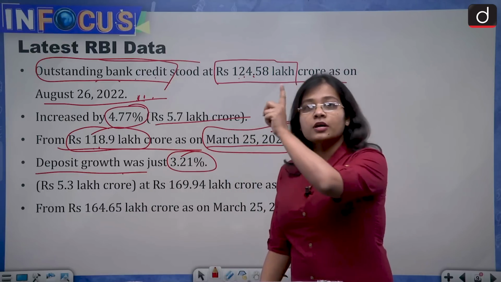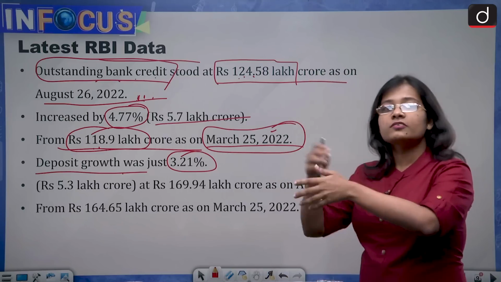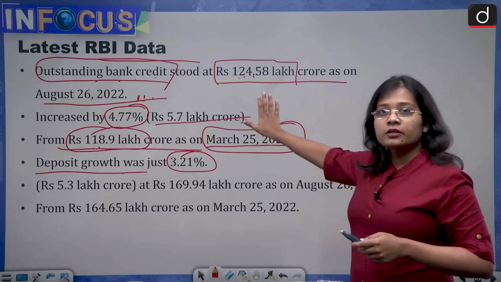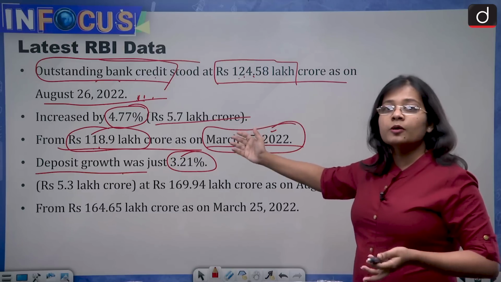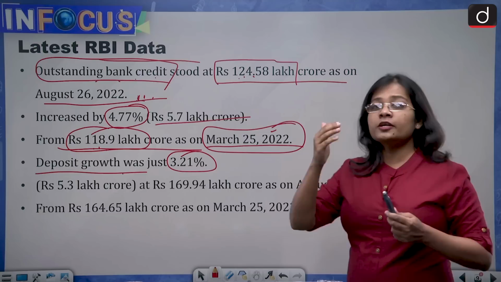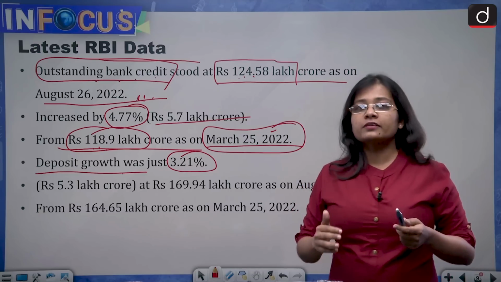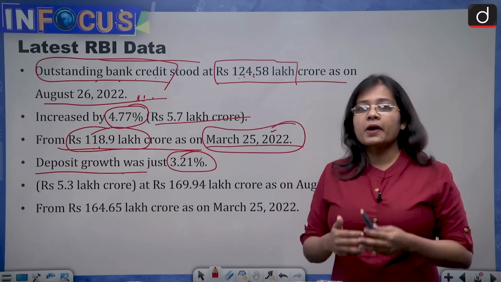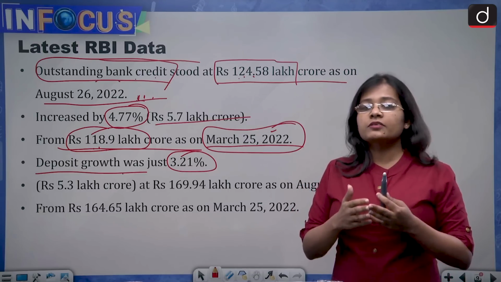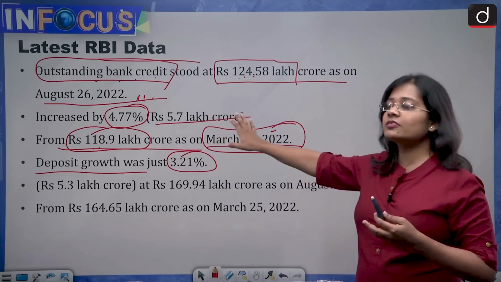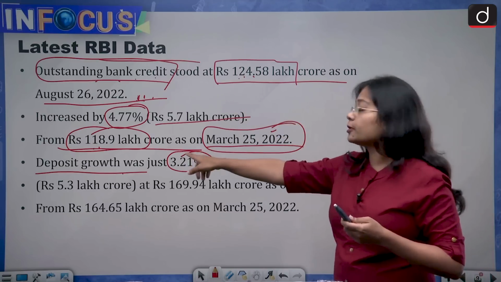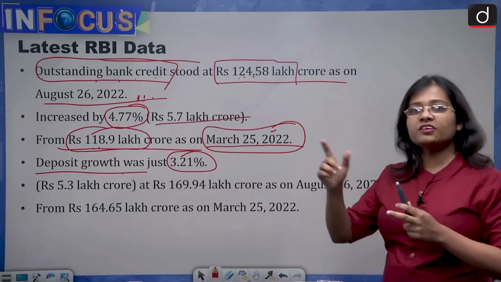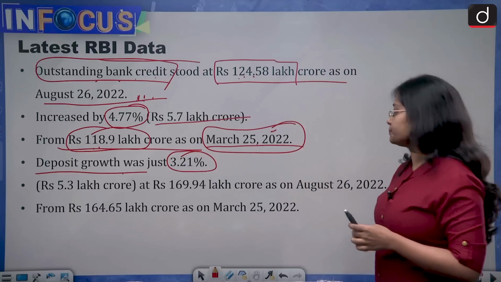One of the prominent reasons responsible for the deficit is that the demand is more than what we are getting in the banks. The receipts are lesser than the expenditure, and this is the reason that the outstanding bank credit is more than the deposit growth. This is what is creating the problem.